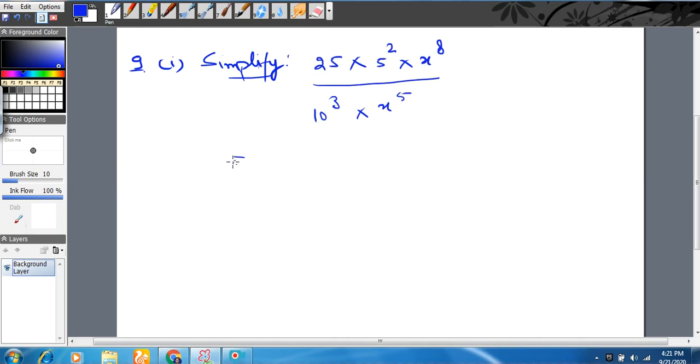What you have to do is just factorize all the numbers if it is possible, and then combine the numbers with the same base by applying the rule of exponent.